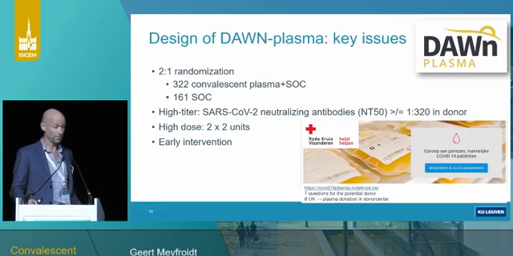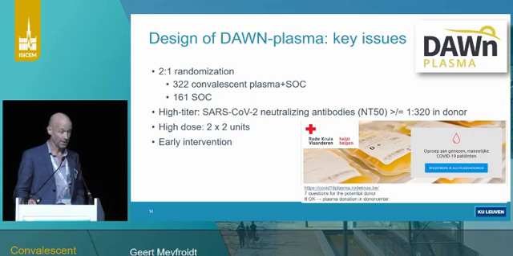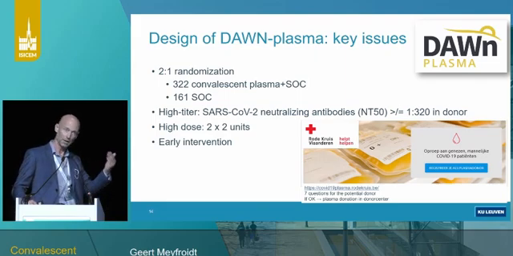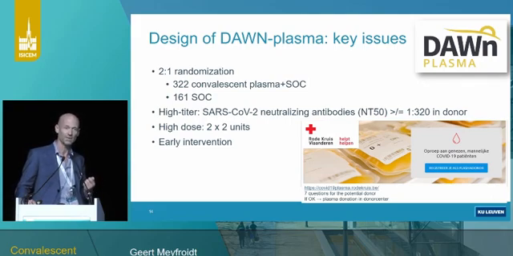What is, I think, unique about our trial is that we aimed for high neutralizing antibodies, more than 1/320. This was assessed in the donor. The donors were screened through a web form, and when they filled in 7 questions and were okay, they were called to donate, and then antibodies were tested, and only plasma of those donors with antibody titers of more than 1/320 was used for the study.